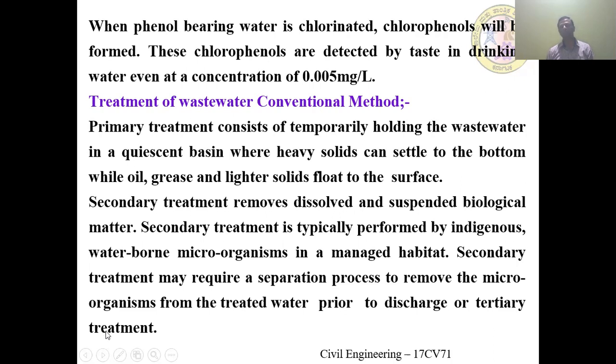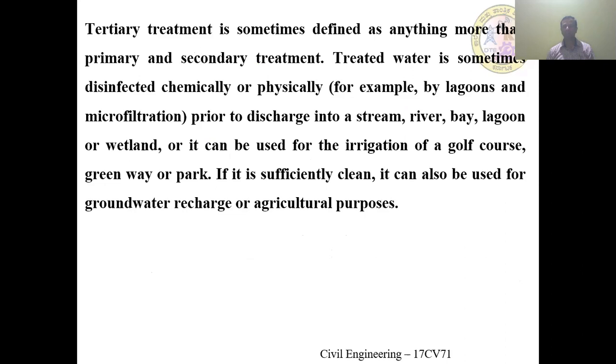Then you go for the secondary unit, where you remove microorganisms, with a separation process to remove microorganisms from the treated water before it is discharged. In this way, the wastewater from steel industries has to be treated before it is discharged.